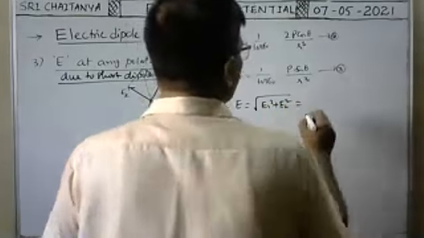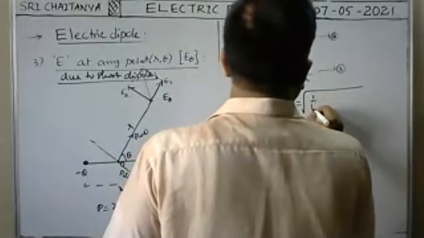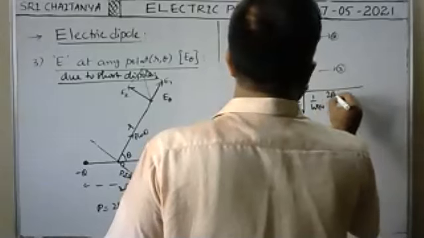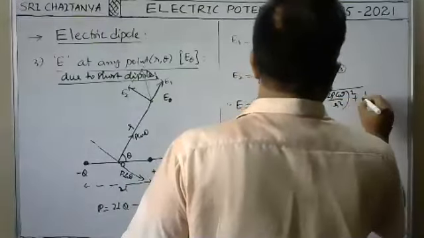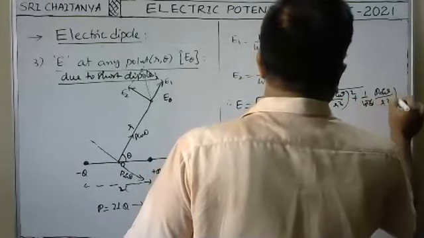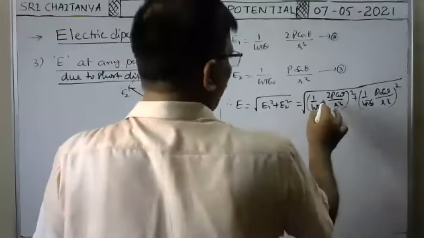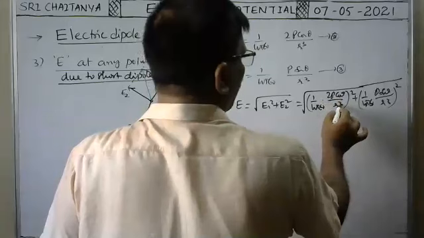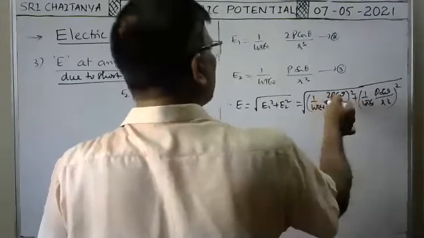That is equal to square root of E1 square, that is 1 by 4 pi epsilon naught into 2p cos theta by r cube whole square, plus 1 by 4 pi epsilon naught into p sin theta by r cube whole square. Okay, this is equal to 1 by 4 pi epsilon naught p by r cube, which is common; you take the square common and write outside.